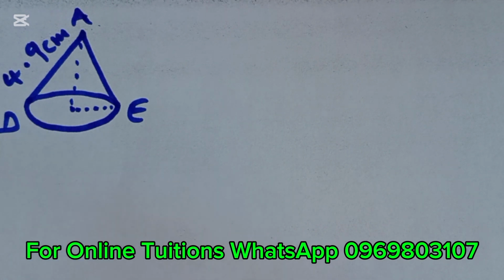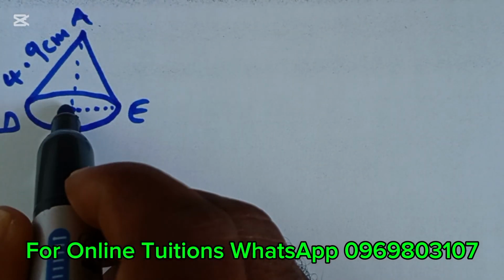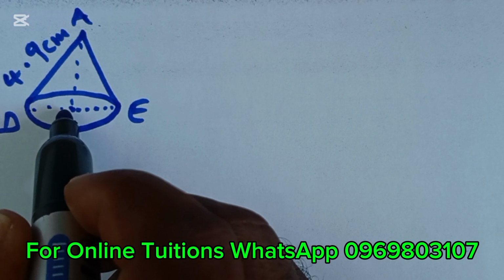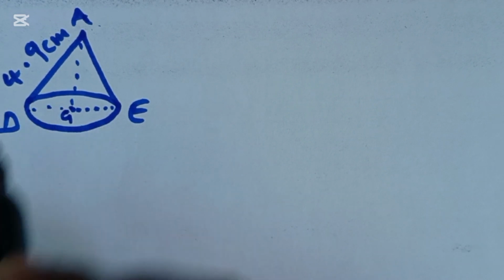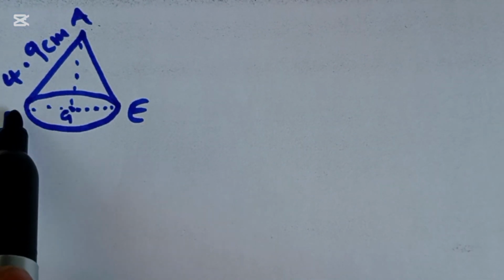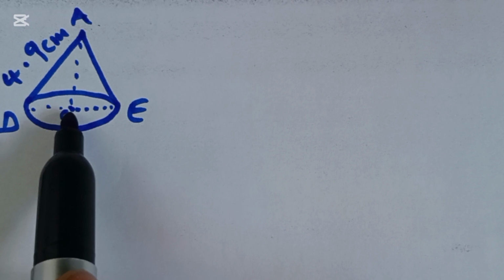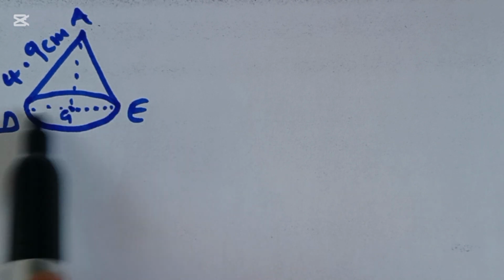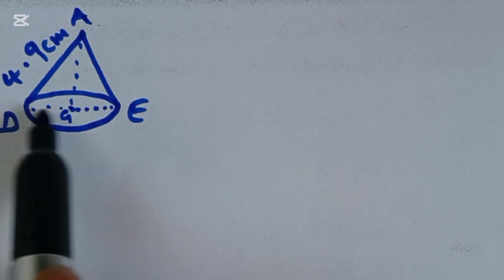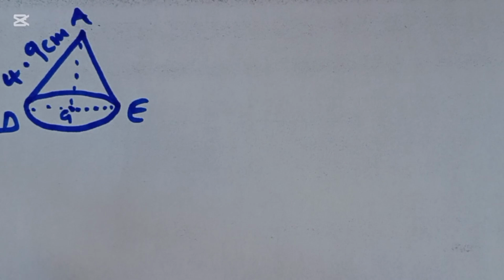So this is the piece which was cut off. So we have DG. So this is G. So DG, which is also EG, it's the same because it's the radius. So DG is 1 centimeter.